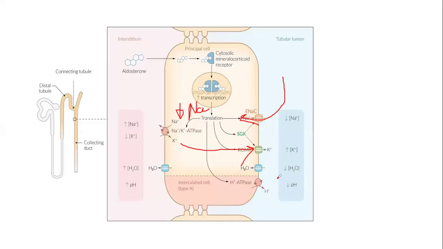So the net effect is there will be decreased sodium in urine, increased potassium excretion, decreased water excretion, and increased hydrogen ions, which will lead to decreased pH. Inside the interstitium, what will happen? We will have sodium and water reabsorption. We will have hypokalemia and we will have increased pH. This is the net effect of aldosterone.